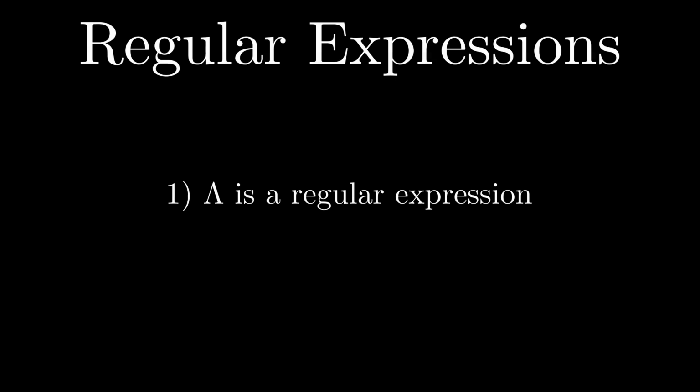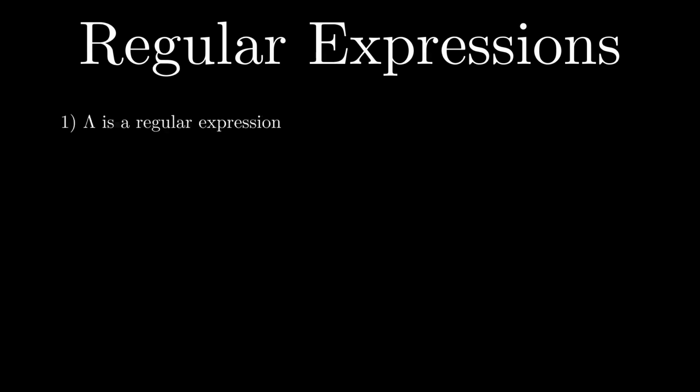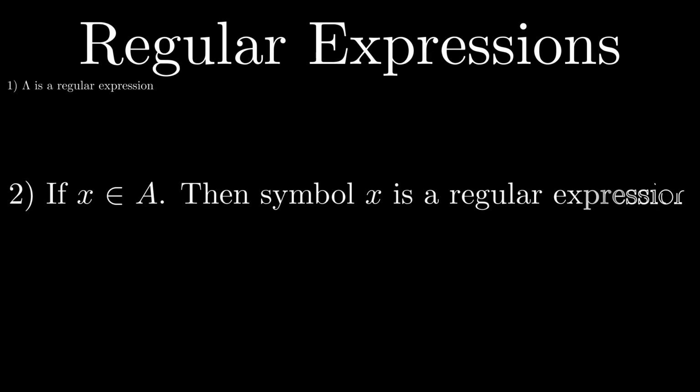First, the empty sequence is considered to be a regular expression. Regular expressions are defined recursively, so we need this for a base case. Second, if a symbol is in the alphabet, then it is a regular expression. So if our alphabet equals {A, B}, then both A and B are regular expressions.